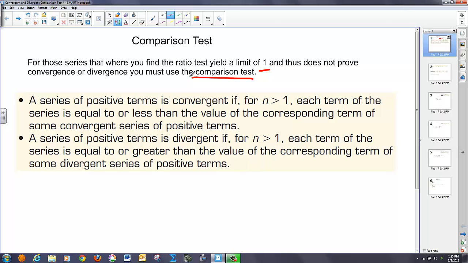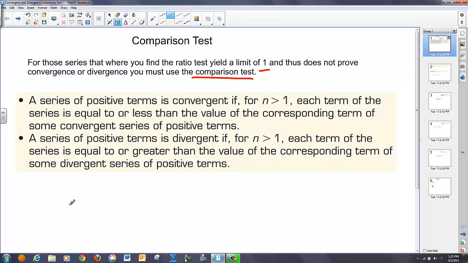Now, there are two comparisons we're going to make. We're going to make a comparison to a convergent series and to a divergent series. Remember, if we compare to a convergent series, we know that every term in a convergent series is going to move to a sum that has a limit. And every term in a divergent series is going to move to a sum that goes to infinity.